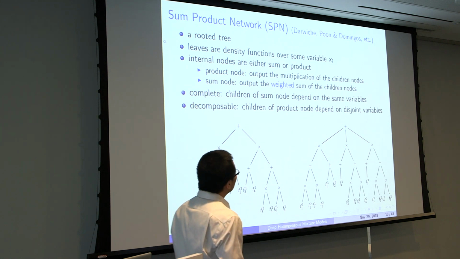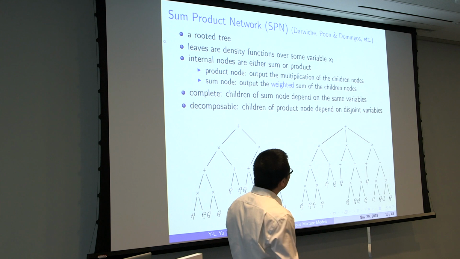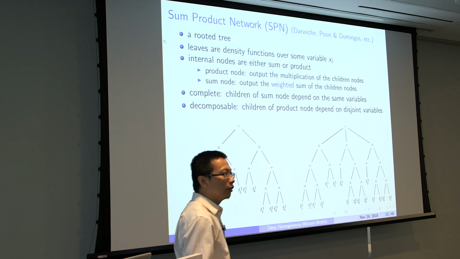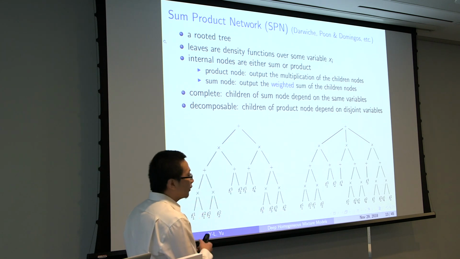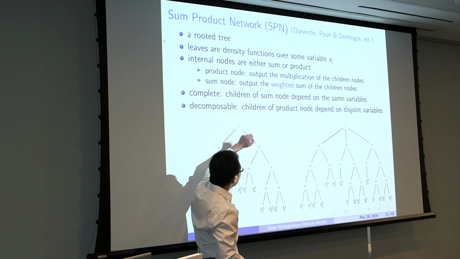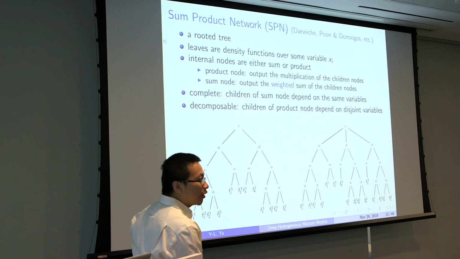So sum product networks. This was first studied by Darwiche and Poon and Domingos. It's also known as arithmetic circuits in the theoretical computer science field. So basically, a sum product network is a tree. It's a rooted tree. You have a root at the top, and at the leaves, what you see are basically functions.